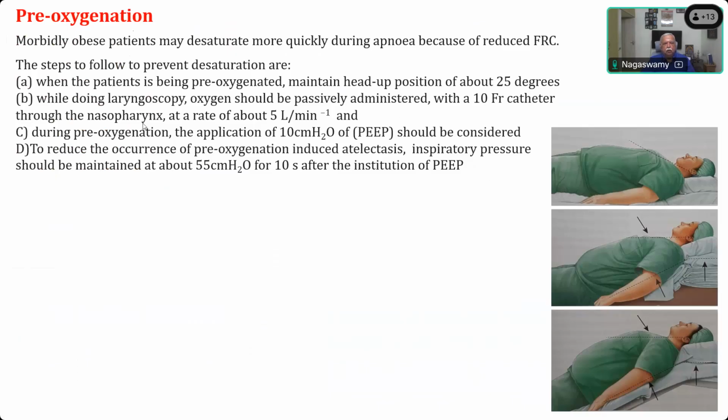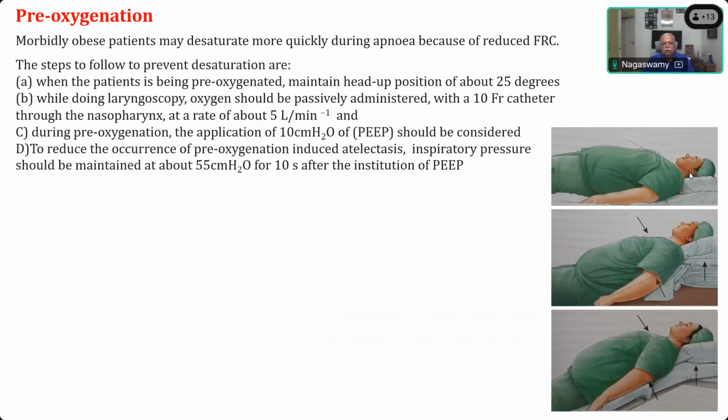So these 4 steps are to be followed: head up tilt of 25 degrees, continuous oxygen flow through the nasopharynx at 5 liters per minute, application of PEEP of 10 centimeters, and increasing the inspiratory pressure to 55 centimeters for 10 seconds after you have started using the PEEP.